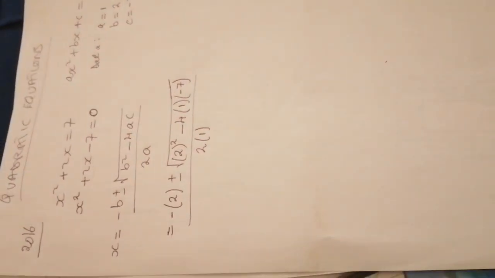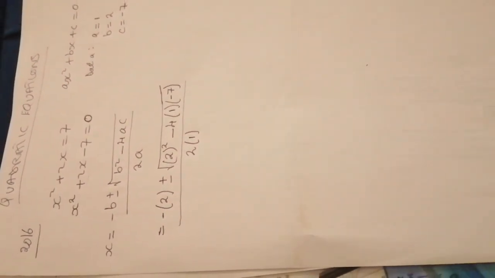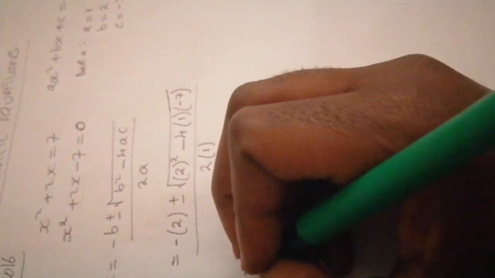Then plus or minus square root of b is 2, and this time this 2 is squared, minus 4 times a is 1. There, a is 1. Then times c, which is negative 7. Everything divided by 2 times 1, which is the coefficient of x squared.